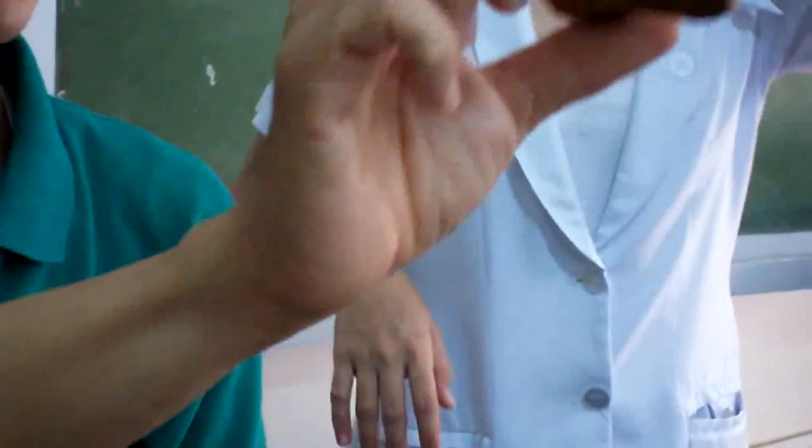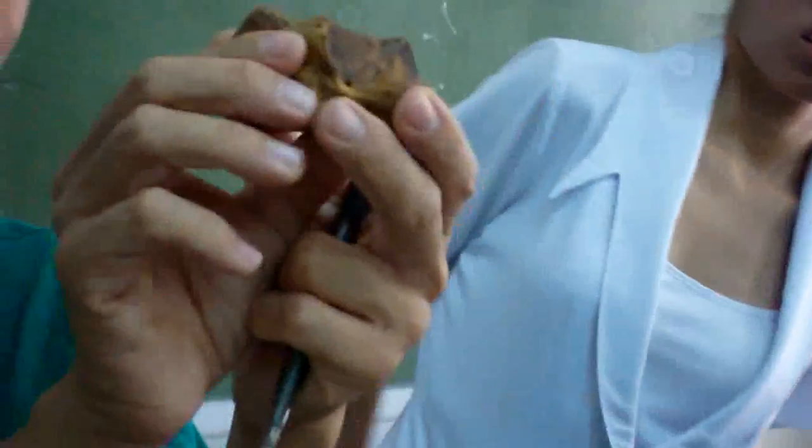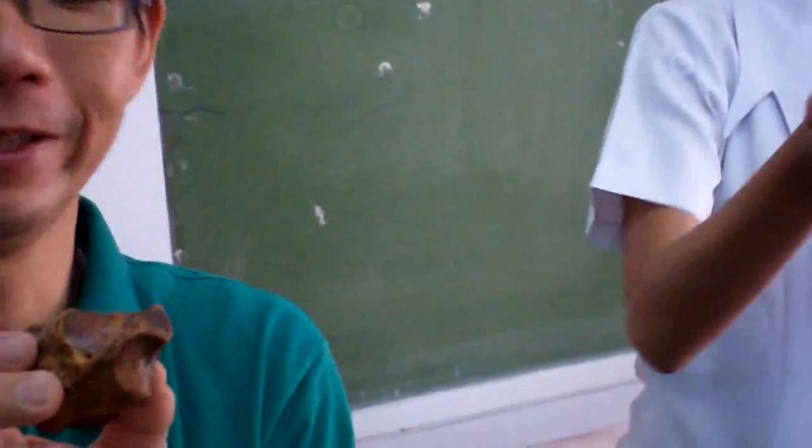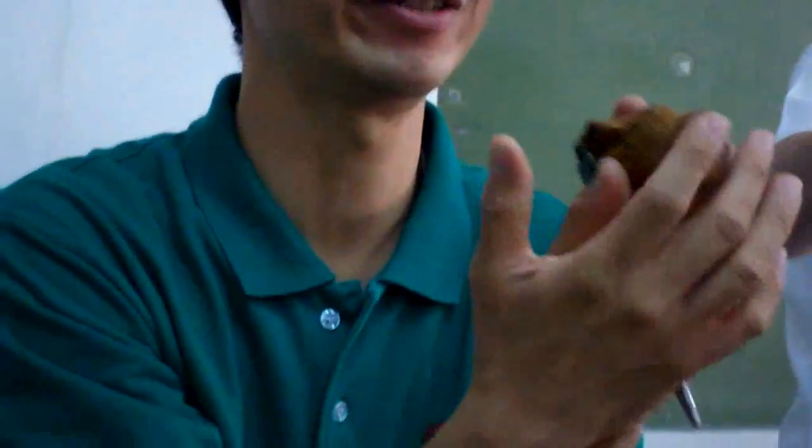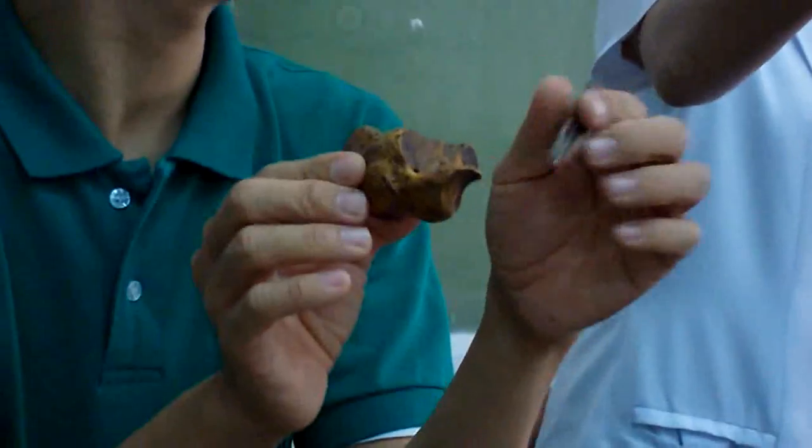Calcaneus. How do you know which is anterior and posterior? Observe if there is the presence of a facet. Compared to here, there is none. So this is anterior, and this is posterior. For superior and inferior, observe if you have the presence of the facet, that would be superior.